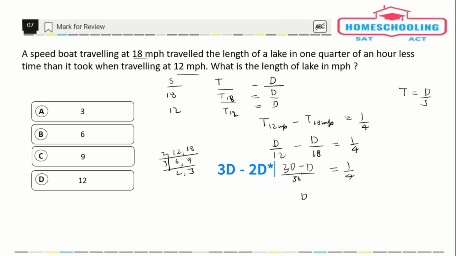So 36 is there, and we can cancel them, so that would be 9. So 3d minus 2d would be d, and d over 36 is equal to 1/4. So d is equal to 9 miles.